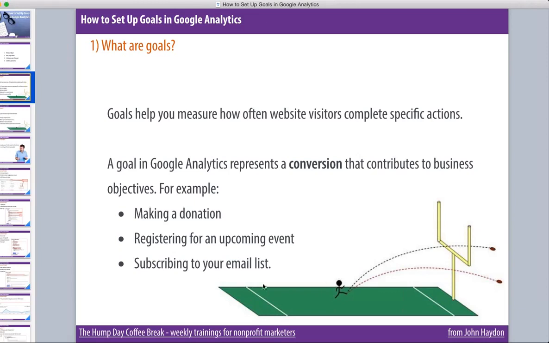The way to think about goals is literally setting up a goal post. If we use this analogy of playing football, or whatever this game is, it looks like football, it's like we're just kicking the ball around, and hopefully it's going to go somewhere close to where it's supposed to be going. That's like playing football without a goal post.